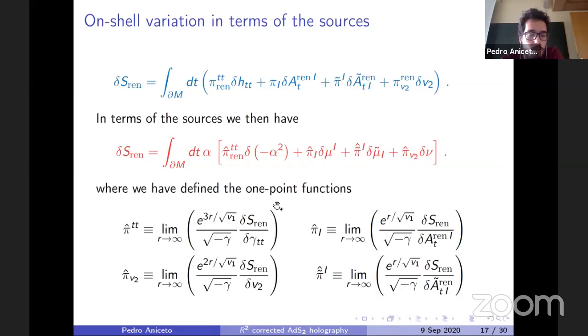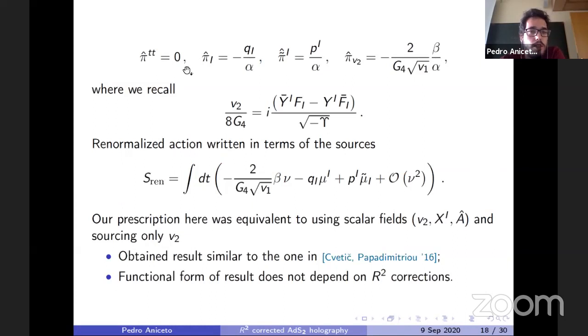And they quite straightforwardly are given by these expressions, which when evaluated on shell show us that, as expected, the holographic stress energy tensor vanishes identically. This was to be expected since we are not considering any kind of perturbation, as we will see in a bit.